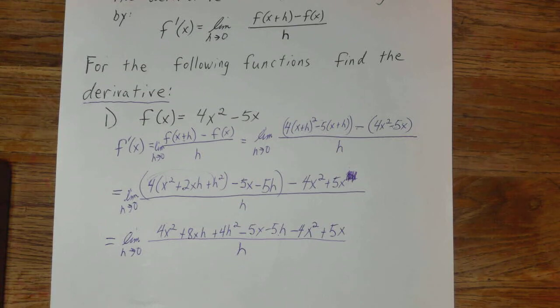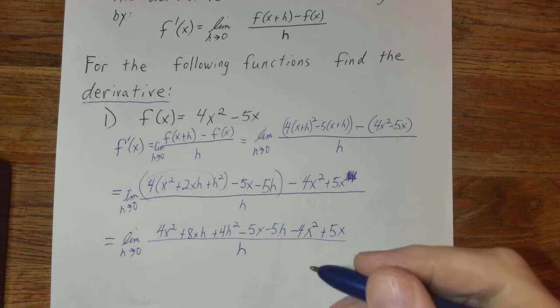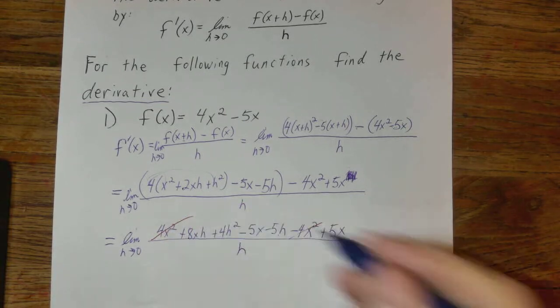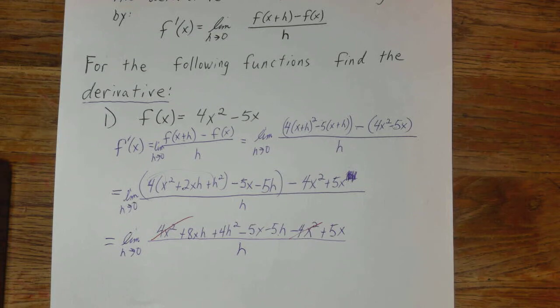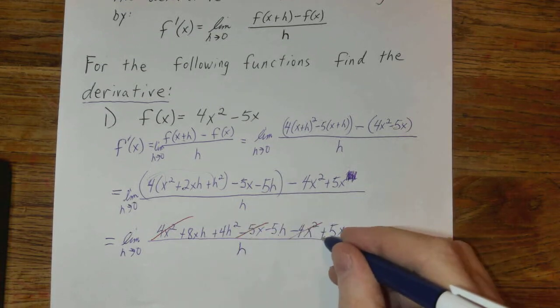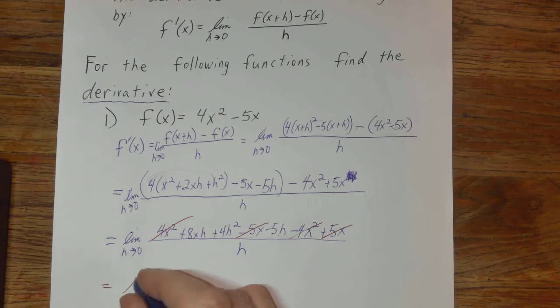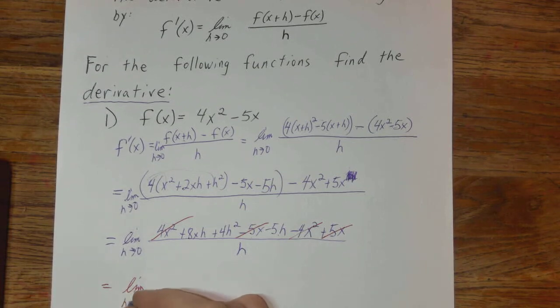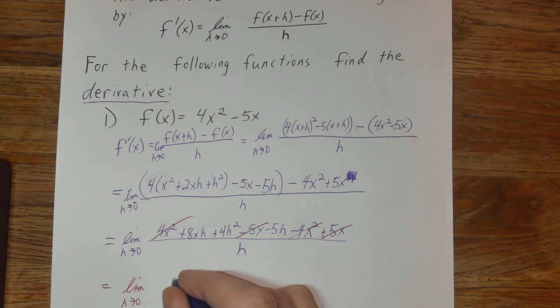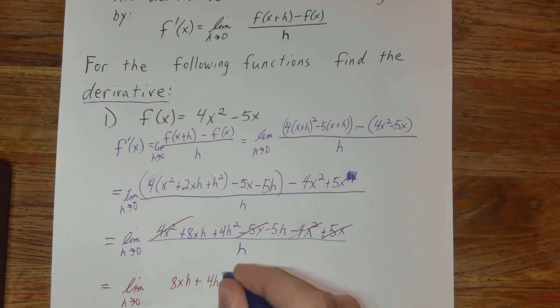Okay. Is there some canceling happening here? I see a negative 4x squared and a positive 4x squared. And I see a negative 5x and a positive 5x. The limit as h approaches 0, I've got 8xh plus 4h squared minus 5h.